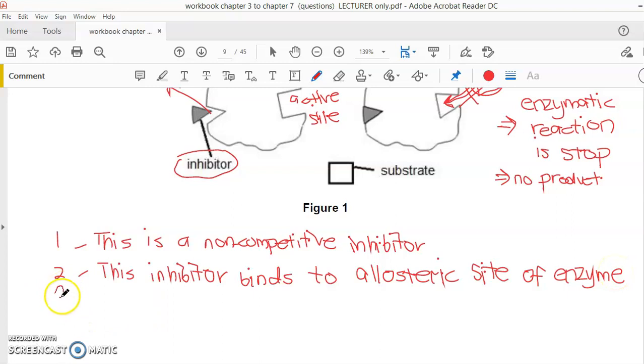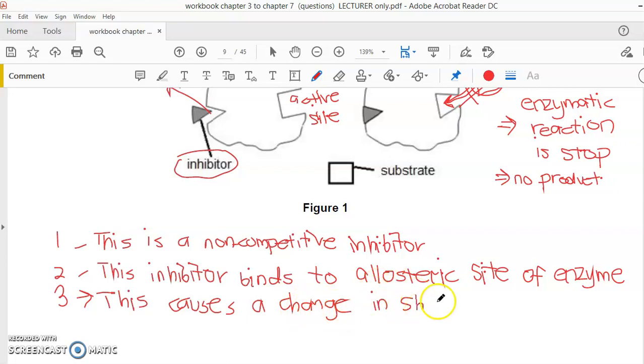And what happened after that? This causes a change in shape of the active site.